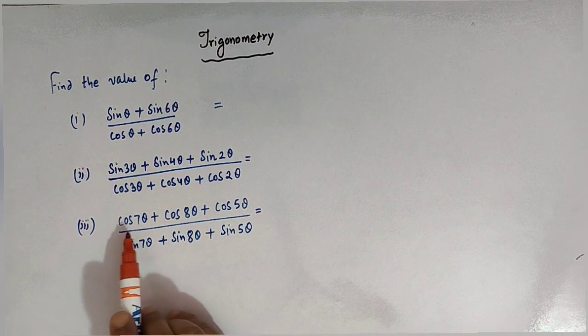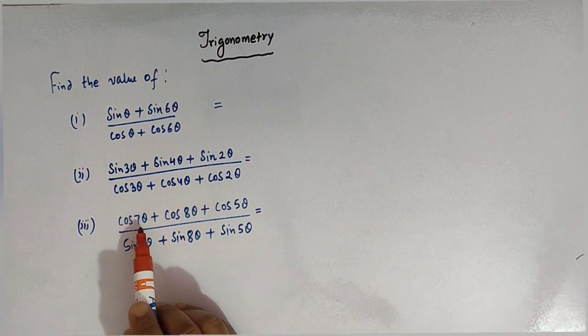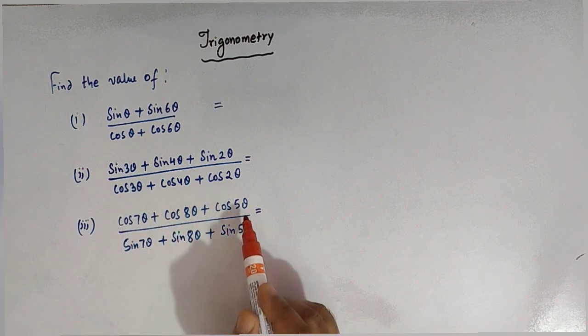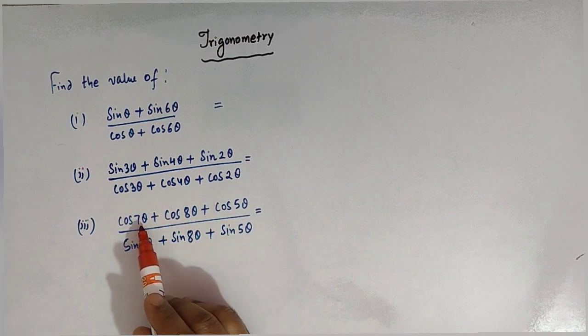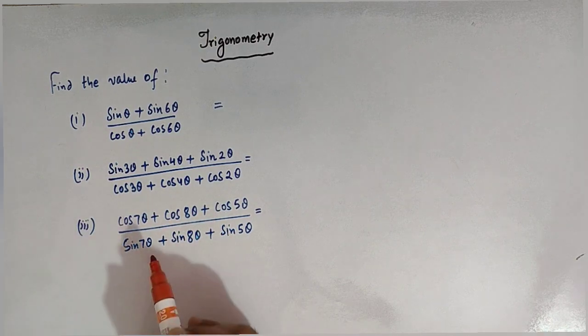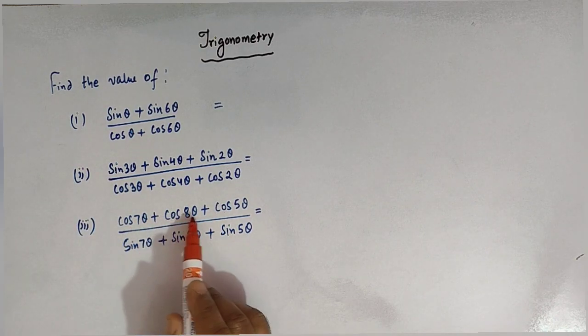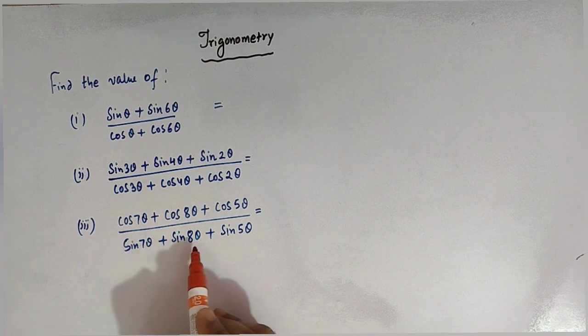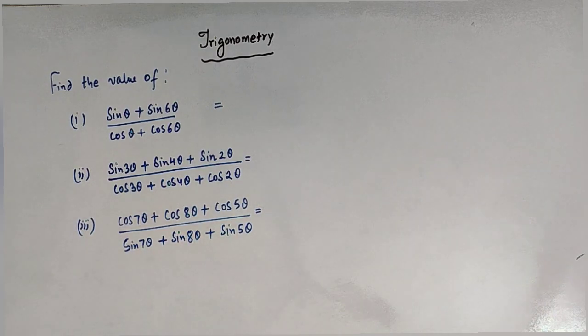And in the third expression, we have 7 theta, 8 theta, and 5 theta with the cosine function, and in the sine function, we have the same angles, that is 7 theta, 8 theta, and 5 theta, right?